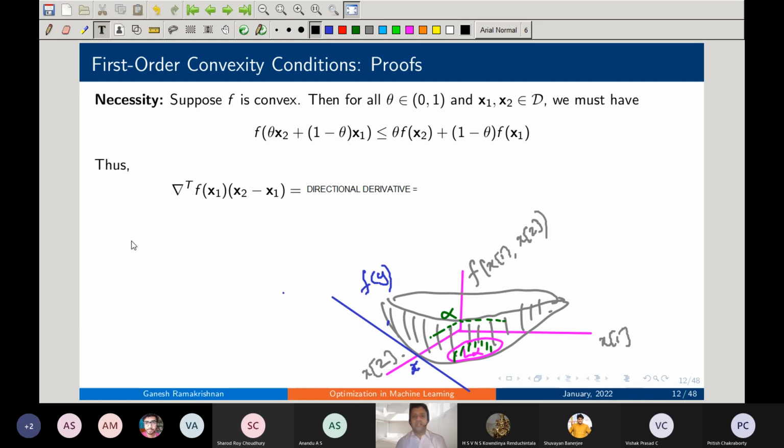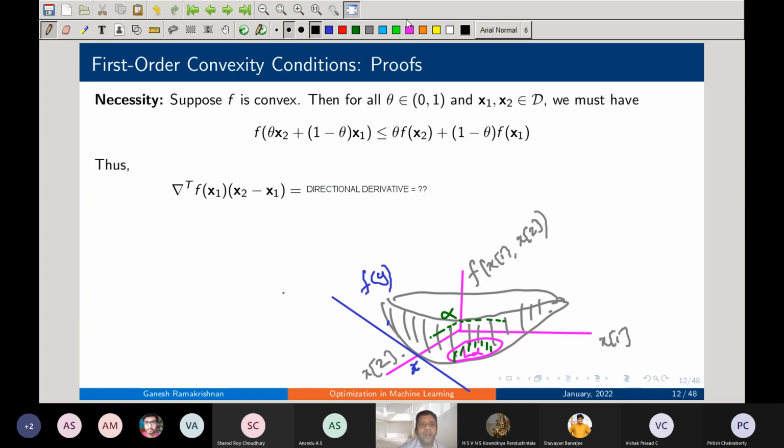What is it? It's basically in terms of a limit, limit as something tends to 0, right? And that's what we see here. So the directional derivative is basically a limit as you go from x1.